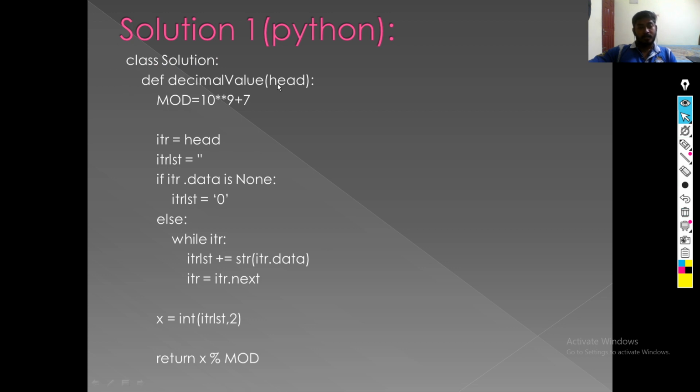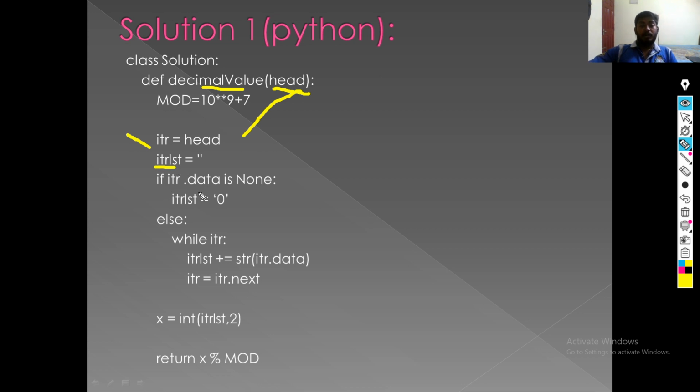As I said, we are going to pass the linked list to the following function. We pass the head of the linked list. I don't want to change the head value, so I have assigned another variable to head. After that, I am creating a temporary variable iter list, as I mentioned previously.